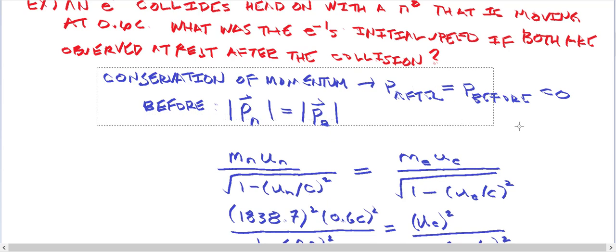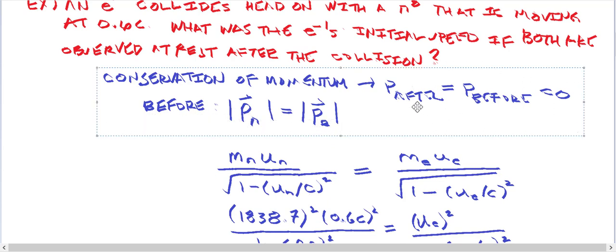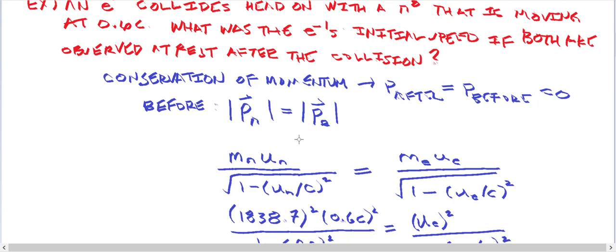So again, this is just a conservation of momentum problem, and the total momentum before should equal the total momentum after. And so in your frame, the total momentum after was 0. That means that the total momentum before should also be 0. What that tells us is that before the collision, the magnitude of the momentum of the neutron is equal to the magnitude of the momentum of the electron.